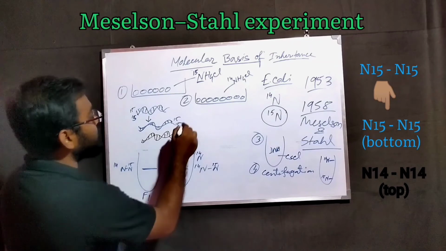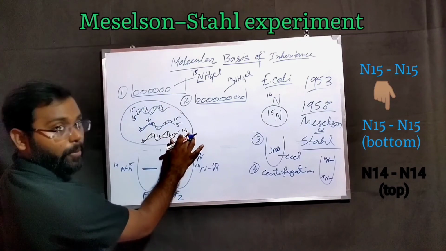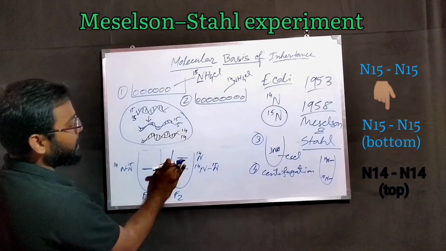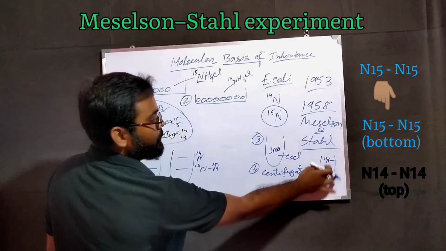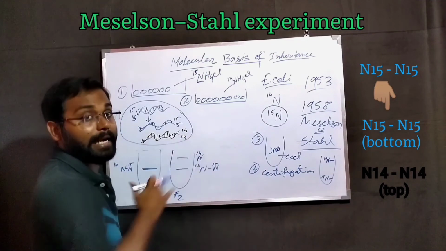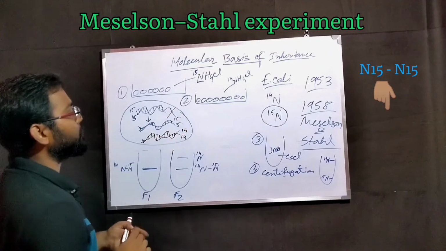So if the conservative method was correct, we would get a band for this on the top position and a band for this on the bottom position. But Meselson and Stahl did not get it. So the conservative method was not correct.